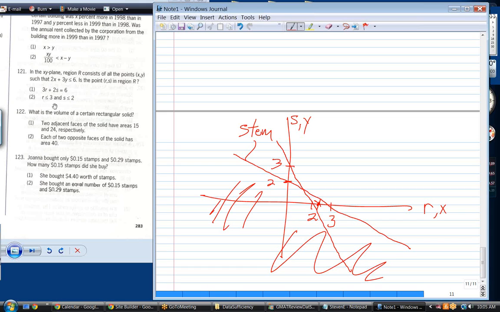In fact, based on number 2, any r that's less than 3 and s that's less than 2 doesn't necessarily work, because what if I pick an r right here and an s right there? R is less than 3, S is less than 2, but I'm on the other side of that curve.